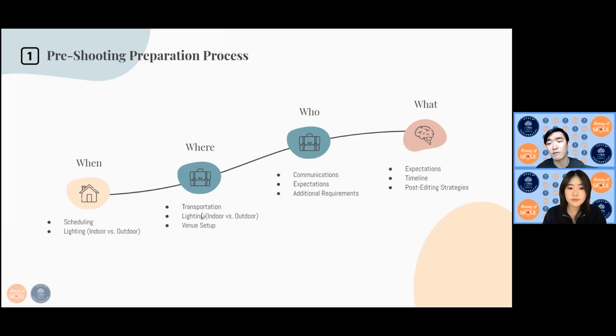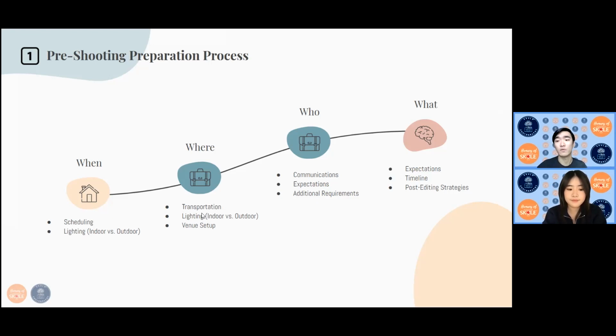what they're expecting from you, what the subject of your photography is. Is this wedding photography for all of their family members, or is this something they're going to use on their website? Figure out what your photos are going to be used for, and that will determine your post-editing strategy.